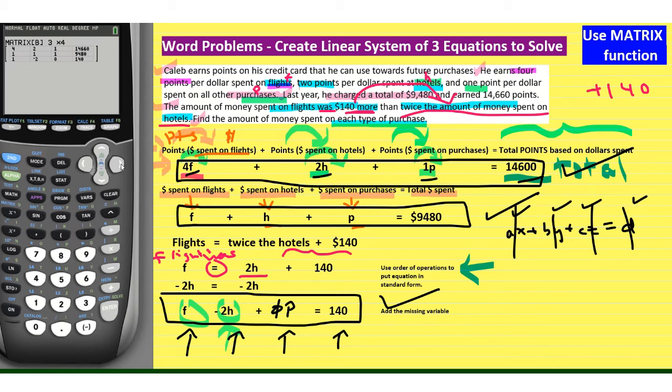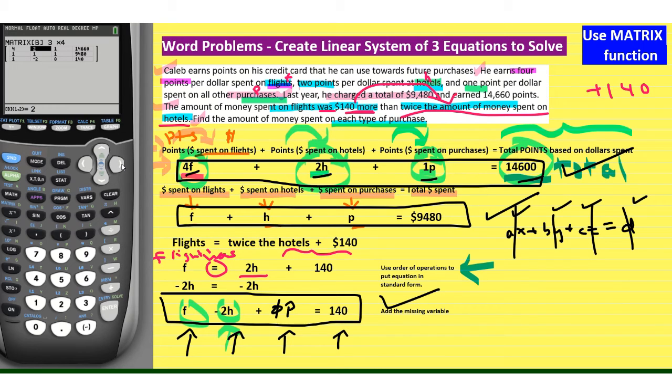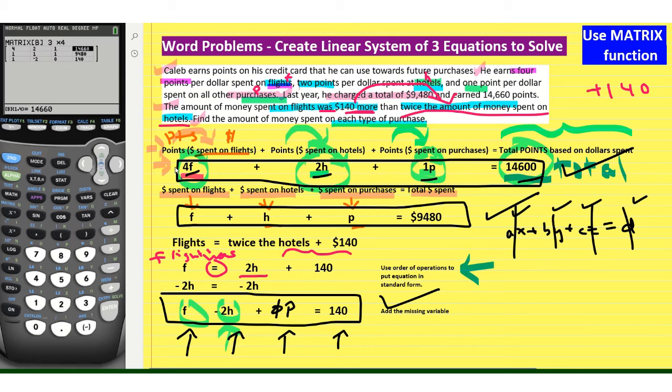Now if you'll notice here, it does say 3 by 4. I don't need to change that, of course. And now you'll be able to see that I have put a 4, a 2, a 1, and 14,600 in the first row. In the second row, I should have a 1F plus a 1H plus a 1P equals 9,480.